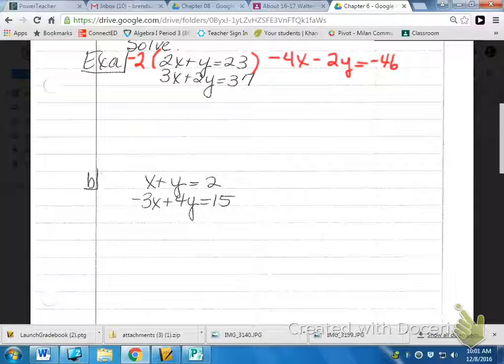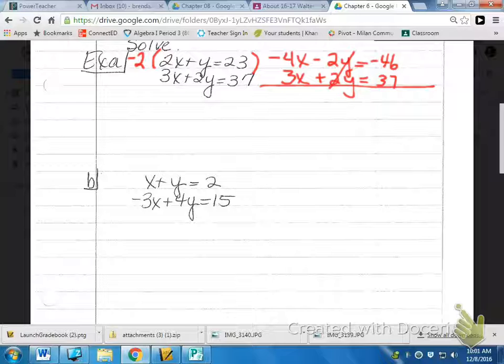And I write the other one as is below it, 3x plus 2y equals 37. Did you see what I did there? I made the y's opposites, didn't I? So now I'm ready to add. The y's are going to fall out.